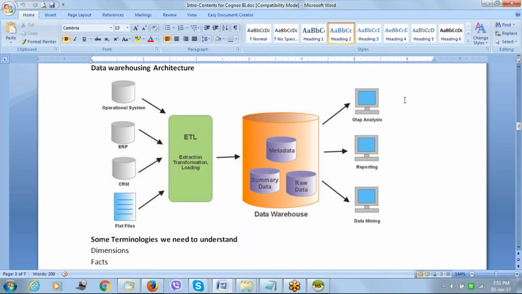There will be multiple departments like production, sales, HR, finance, marketing, something like that. In the enterprise, all the departments will be computerized.